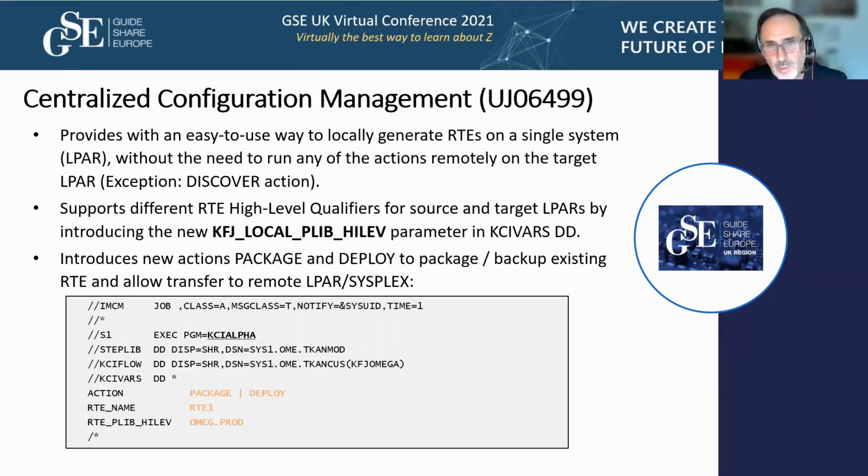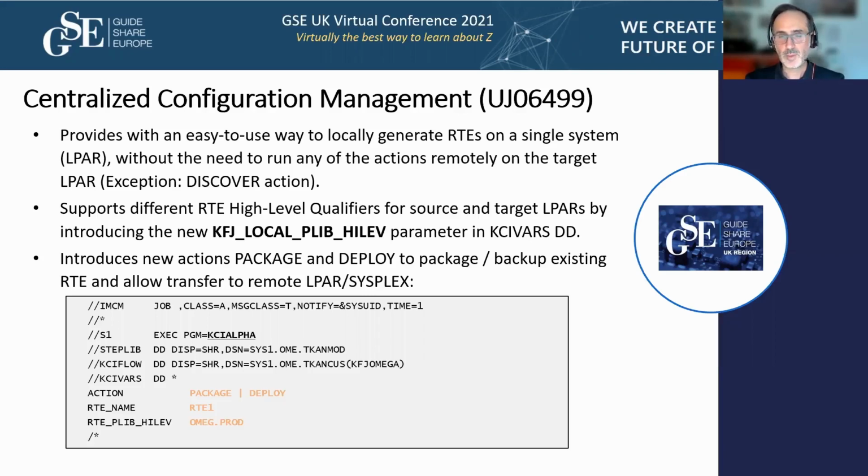So when we talk about centralized configuration management and what I call story one for the centralized create, we have given you an option to use different high-level qualifiers for your local generation as for your target libraries, because that was a request that we saw from different customers.